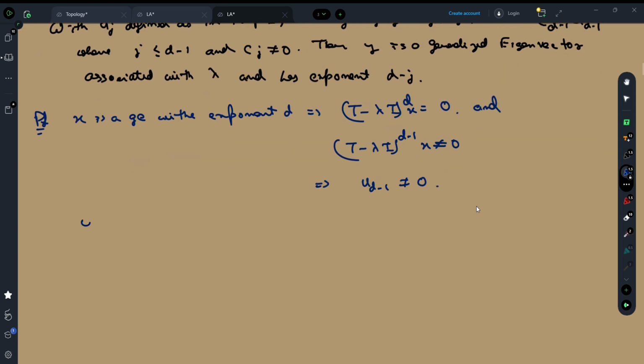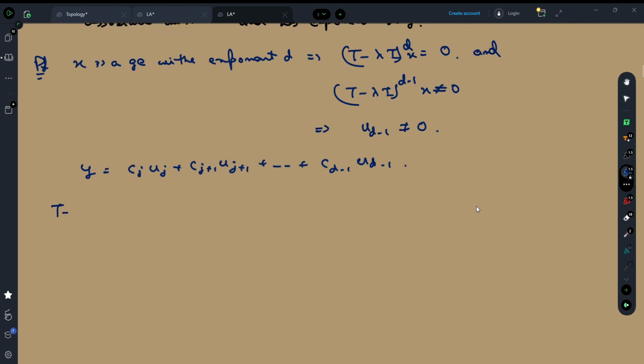Now you have y as cj uj plus cj plus 1 uj plus 1 and so on till cd minus 1 ud minus 1. Then what can you say about (T minus lambda I) to the power d minus j minus 1 of y? These scalars will obviously not be affected by this linear operator, since it is a linear operator.